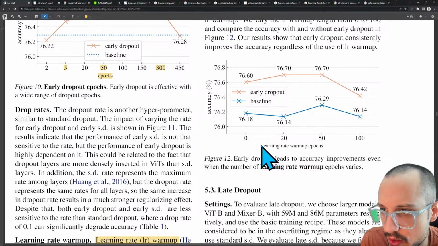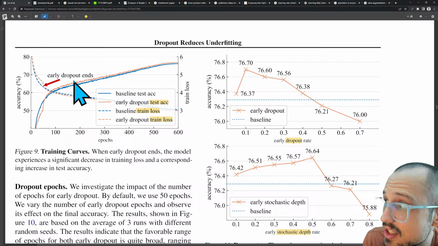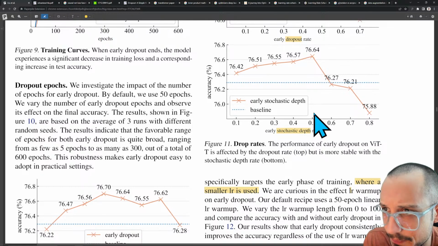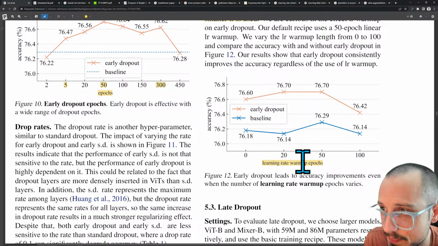Okay, so here they're changing the learning rate warm-up, which is similar to this early dropout idea, where there's a specific epoch where you change the learning rate. So here they're saying, at what epoch do I stop doing this learning rate warm-up, and how does it affect the early dropout?